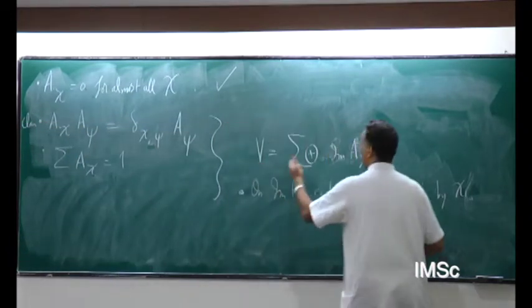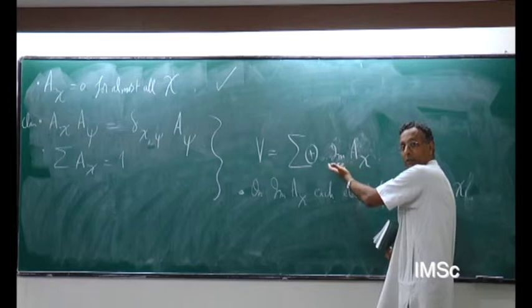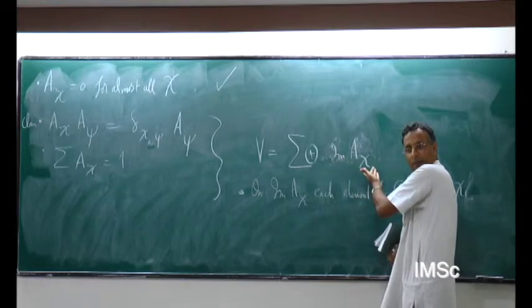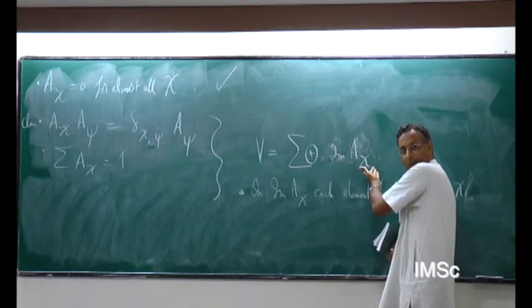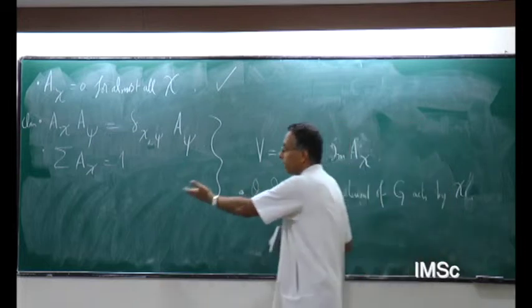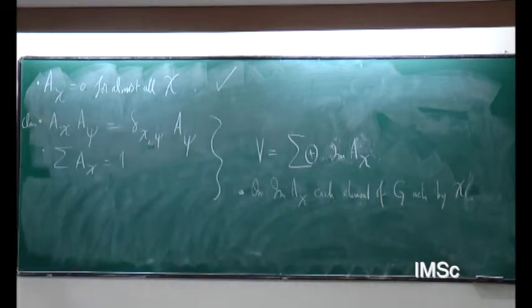Because now I choose a basis for im A_chi. How is it a direct sum of one-dimensional representations? Well, you write each im A_chi in any which way you want as a direct sum of one-dimensional spaces.